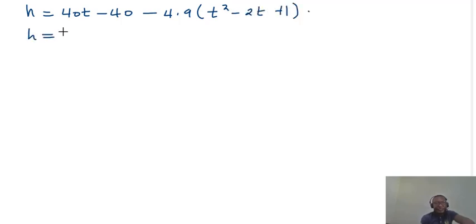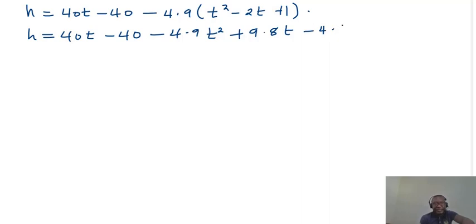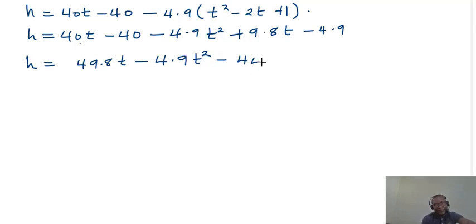So h is equal to 40t minus 40 minus 4.9 t squared plus 9.8 t minus 4.9. Collecting like terms, h is equal to 49.8 t minus 4.9 t squared minus 44.9. Now, we call this equation 2.